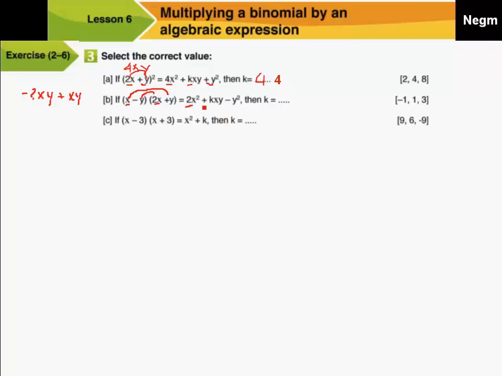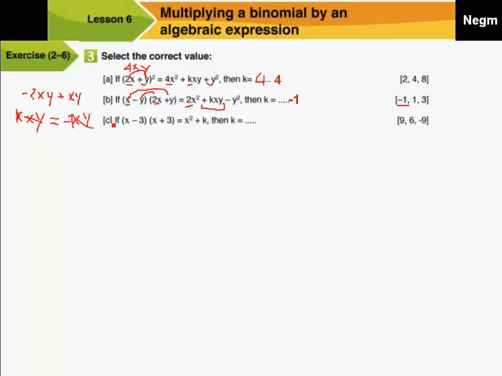Here it is written as plus kxy. So we have k multiplied by xy is equal to minus xy. Minus xy means minus 1 multiplied by xy. Here we have k multiplied by xy. So k is equal to minus 1.